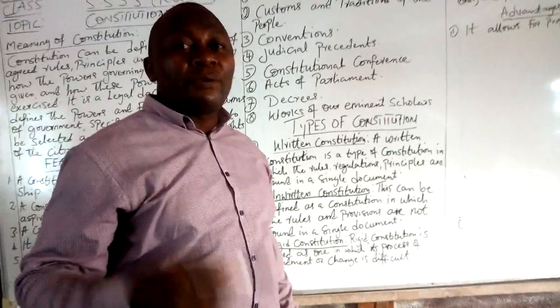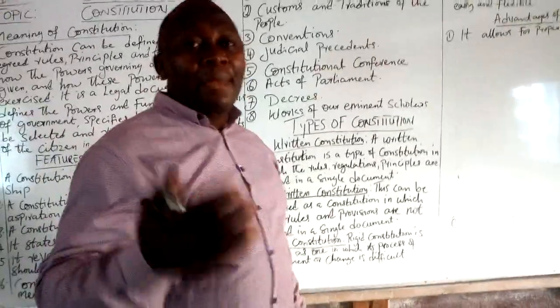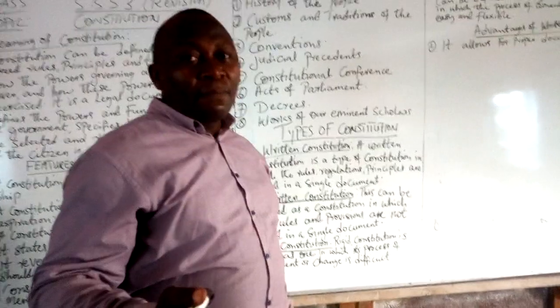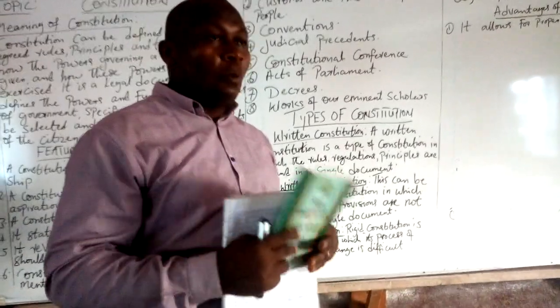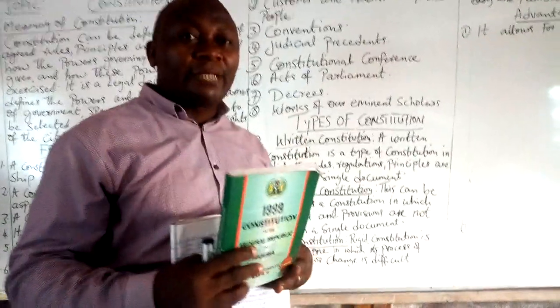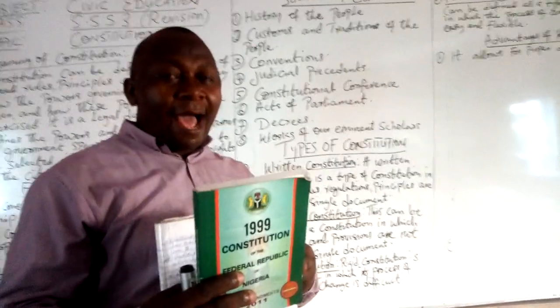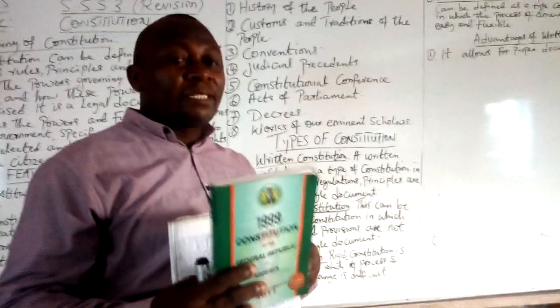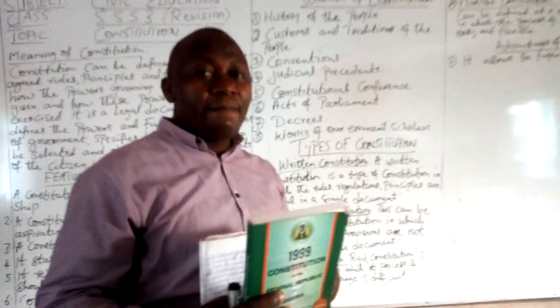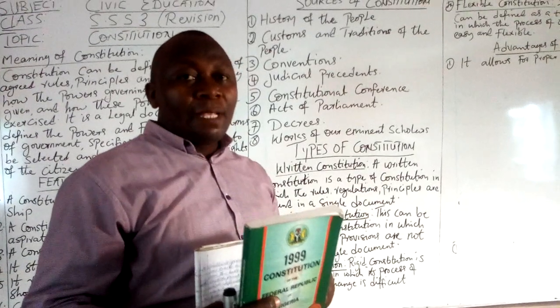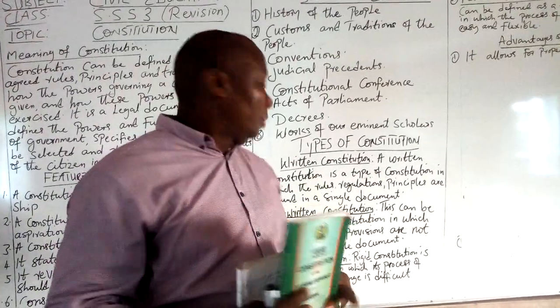A constitution is considered to be rigid when the process of its amendment is cumbersome. For instance, in Nigeria, a leader cannot just wake up and decide to change any item or any section of this constitution to suit him or his party. That's why it is a written constitution.